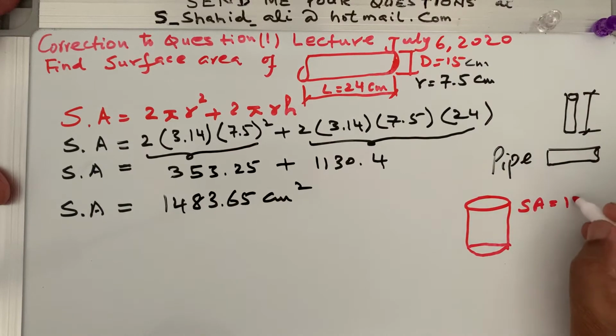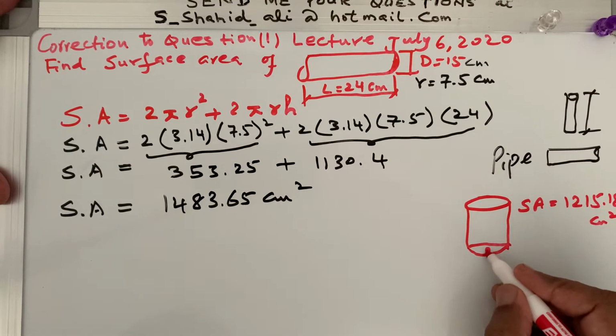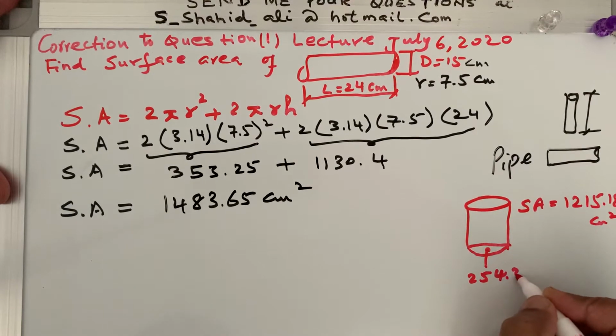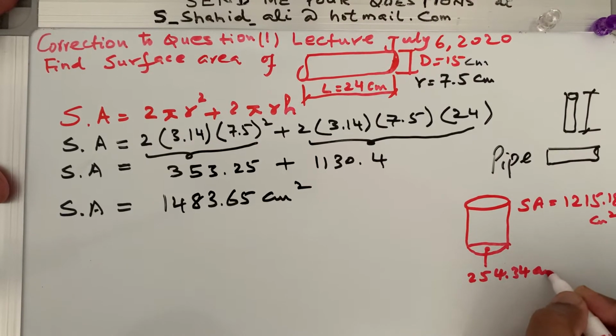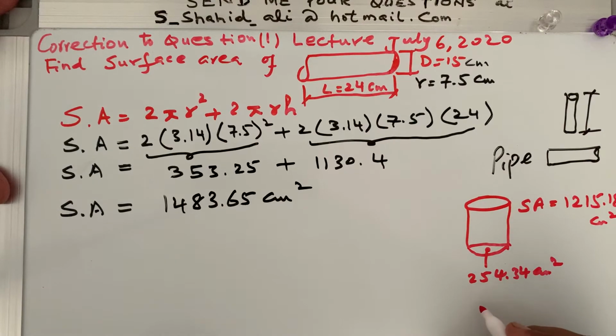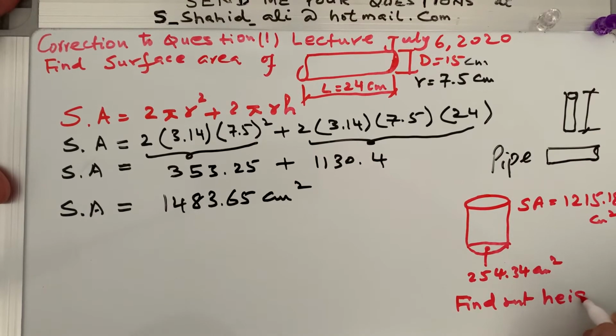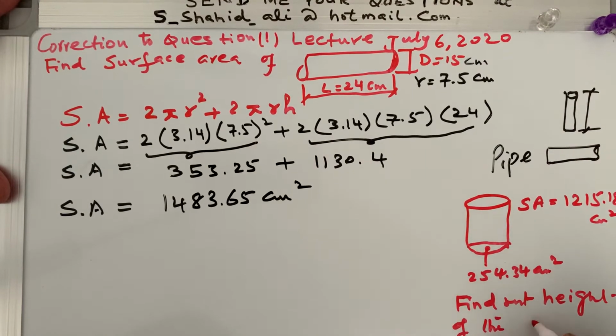Surface area is 1215.18 centimeter square, and then they make a dot and write underneath 254.34 centimeter square, and the question says: find out the height of the cylinder, right? So this is the question.